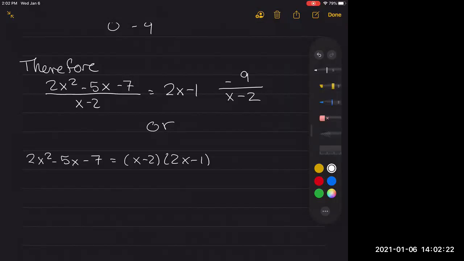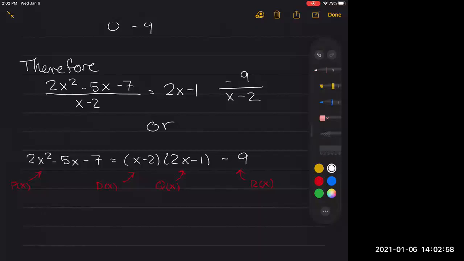A 2x minus 1 minus 9, where this is our d of x, this is our q of x, this is our r of x, and this originally here is our p of x. And remember, r of x, it's still a polynomial even if it is just a constant like -9. That's totally fine to have. And it often happens in these division problems that your remainder is just a constant.